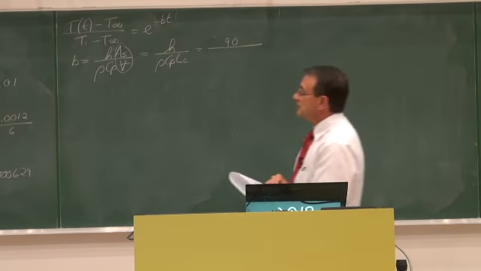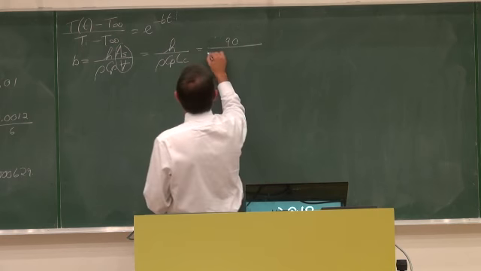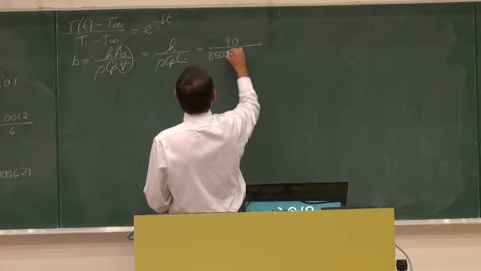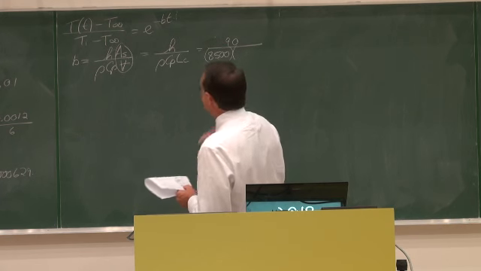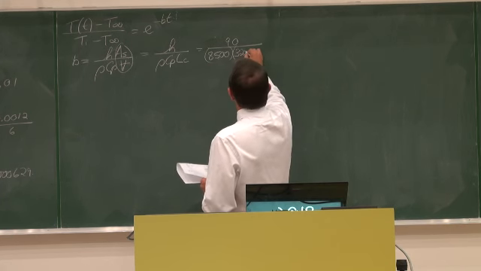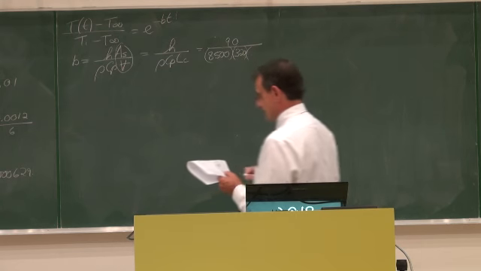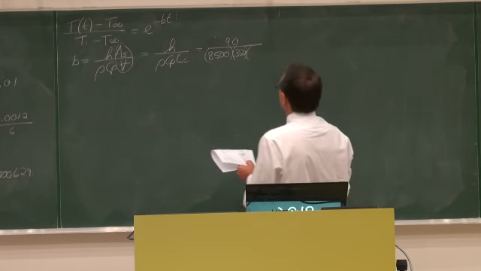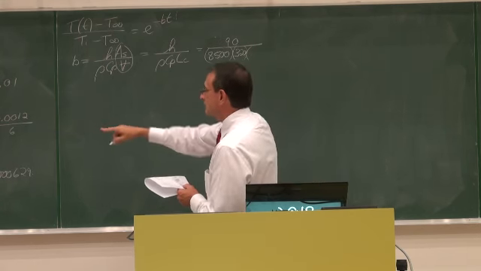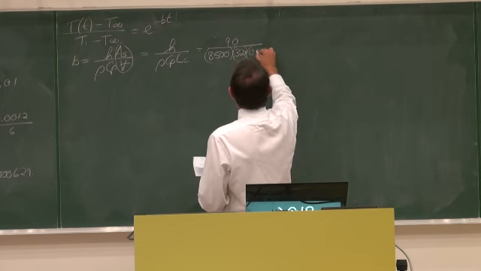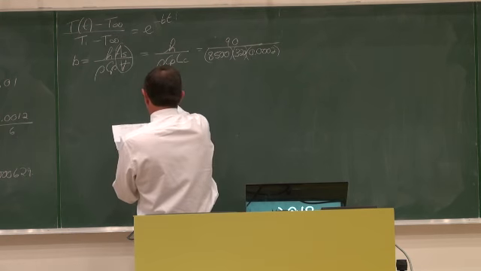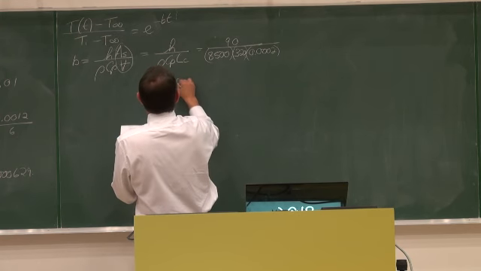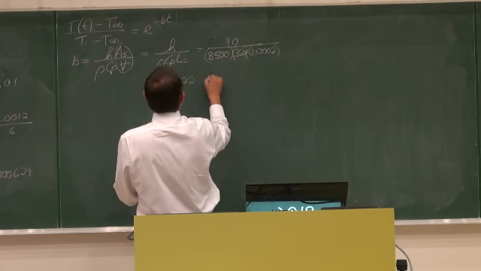The density is 8,500. Cp is 320. And the characteristic length is 0.0002. So it is equal to 0.2022 per second.